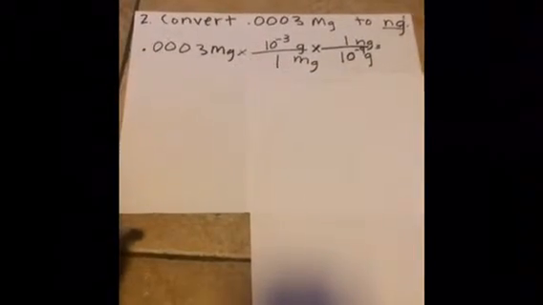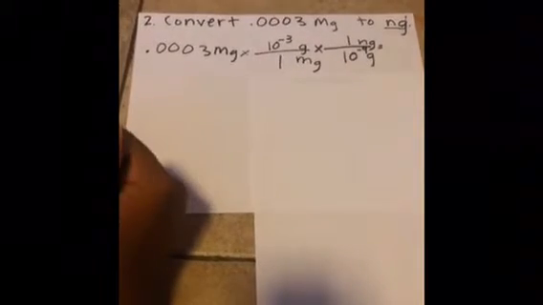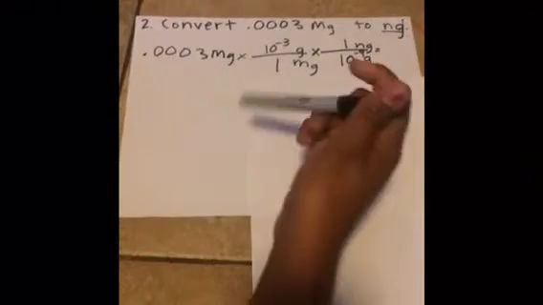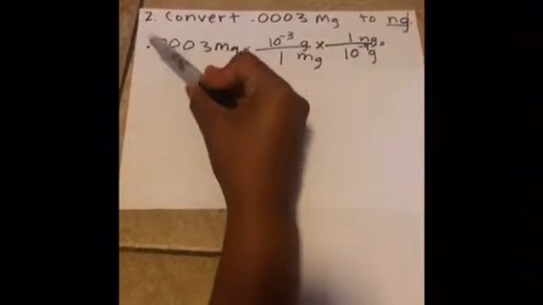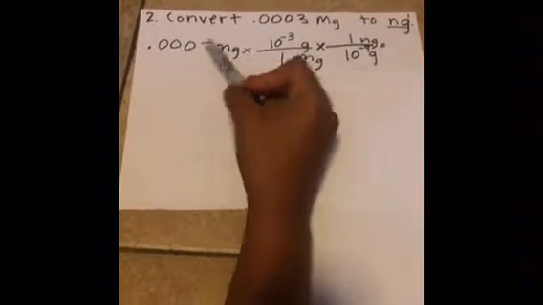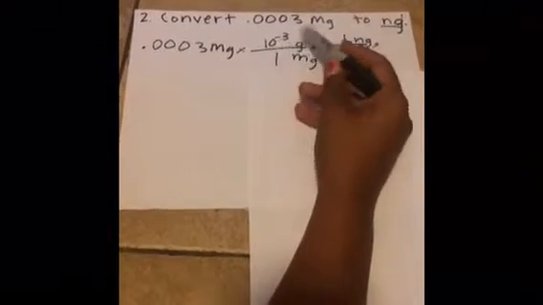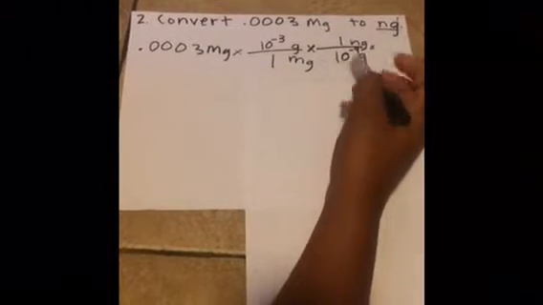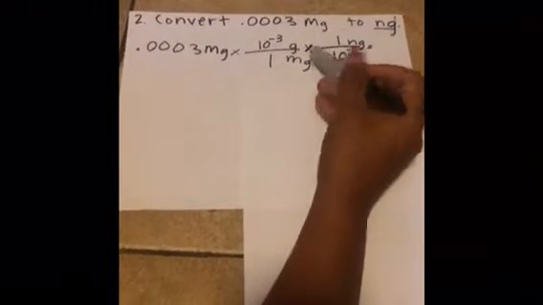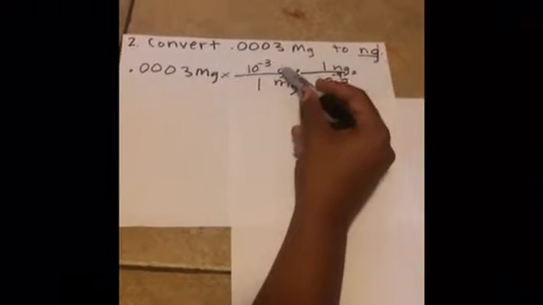So you're probably thinking, how do I solve this? You get 0.0003 milligrams. 1 milligram, and then you put 10 to -3 because milli is 10 to -3. And you put grams on top because since it's milligrams, grams is the suffix you put on top.